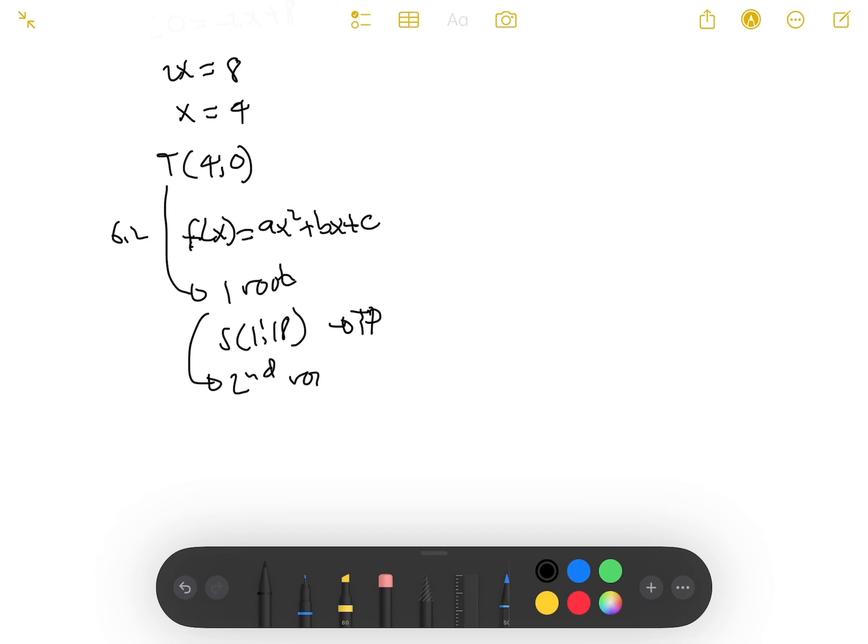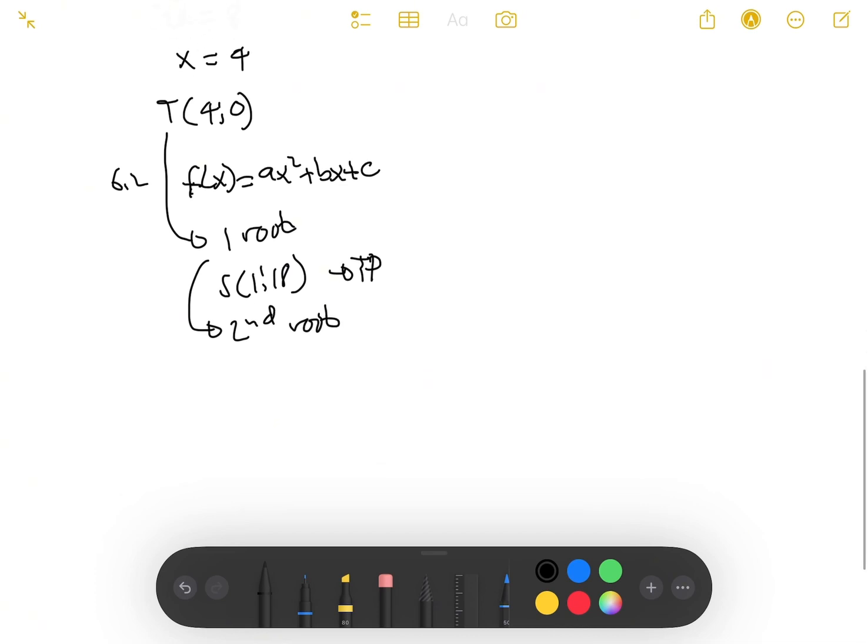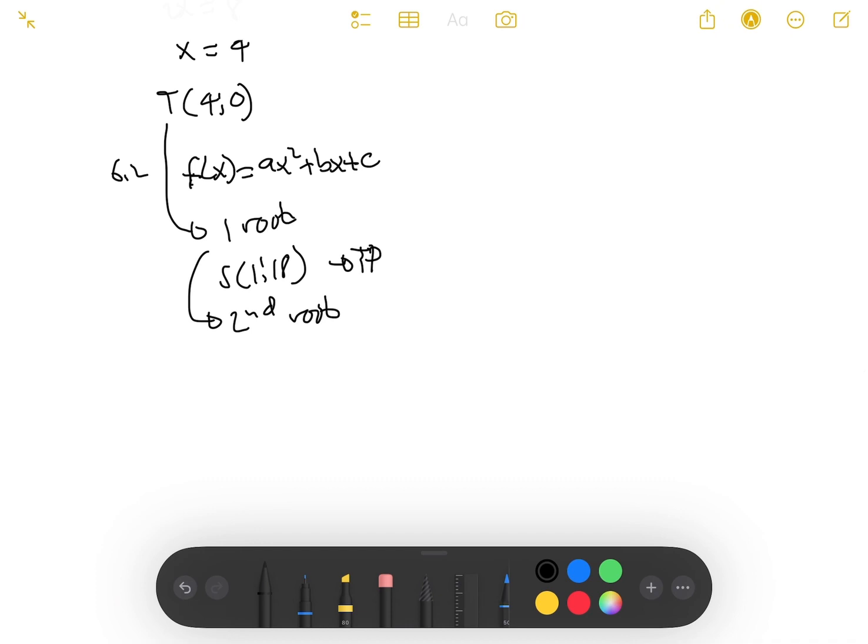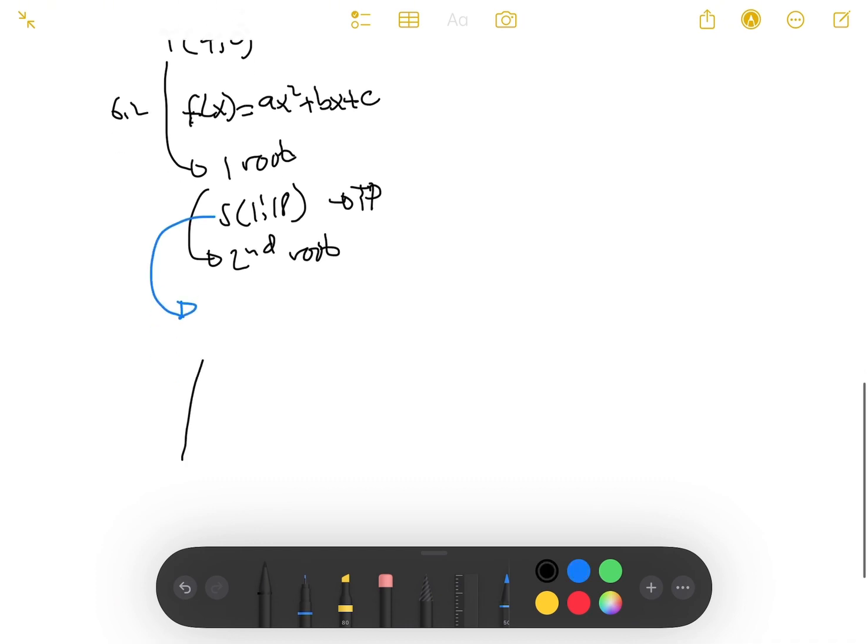Okay, so anyways, what we know using S is what? Since it's the turning point, it produces the equation of symmetry, which is x equals 1. Its x-coordinate is the equation of symmetry.